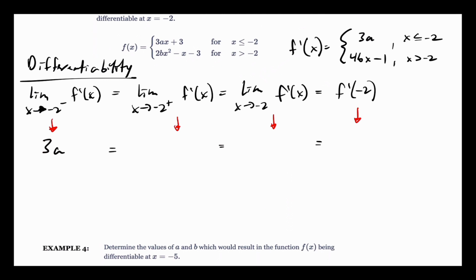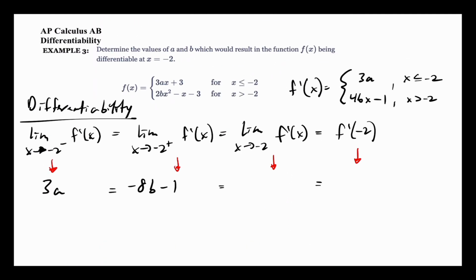Okay. Then I plug in -2 to the other one. I get -8b minus 1. So that means these are differentiable. It said they are differentiable. It didn't say they want us to check differentiability. It says being differentiable. So that means this has to equal this.